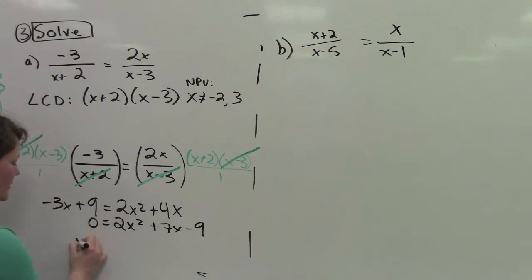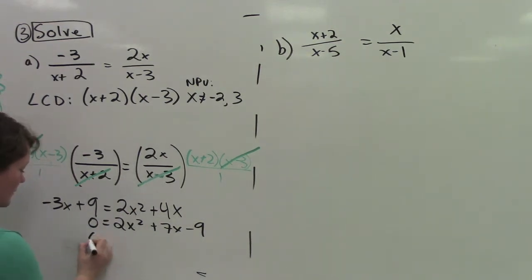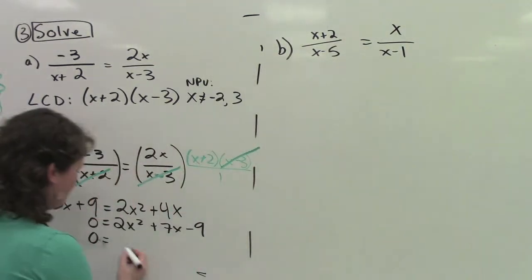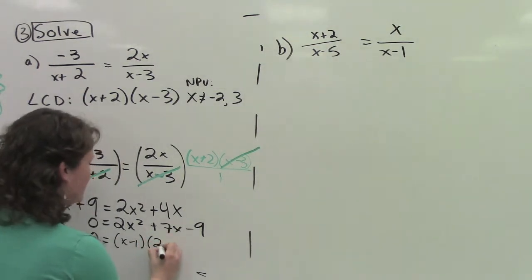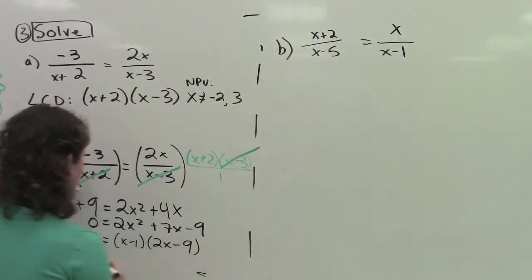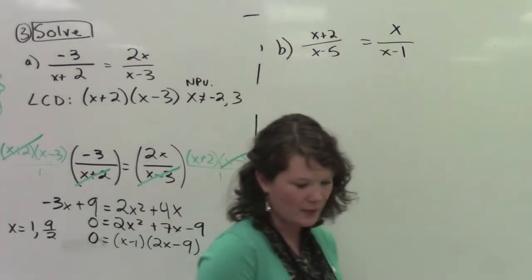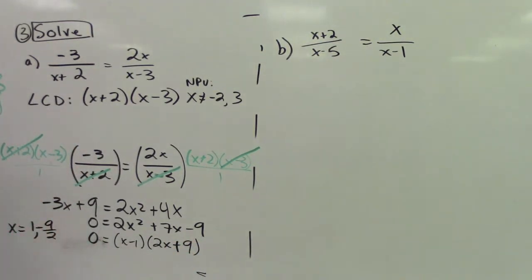I'm just going to hurry down to the solution here. So we get the factored version of this to be x minus 1 and 2x plus 9. So we have the solutions of x equals 1 and negative 9 over 2. Oh sorry, this should be positive here. Okay, so then this becomes negative.